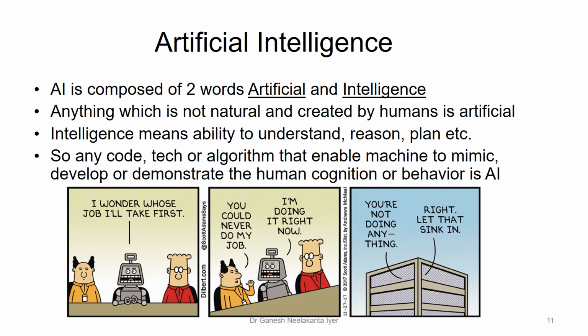Anything which is not natural is artificial, right? Artificial flavoring, artificial coloring, anything. Intelligence means ability to understand, reason, plan, etc. So any code, technology or algorithm that enables a machine to mimic, develop or demonstrate human cognition or behavior is artificial intelligence.